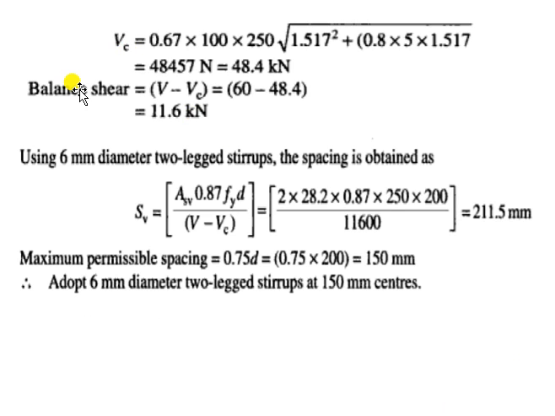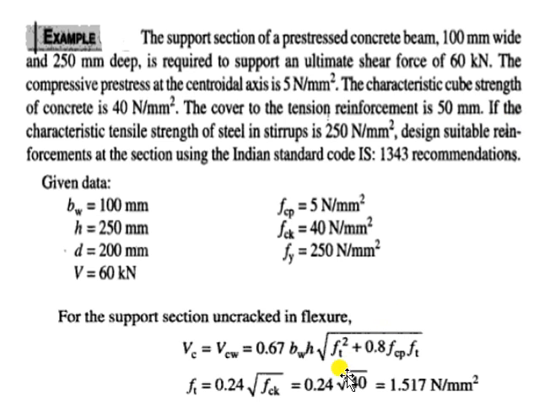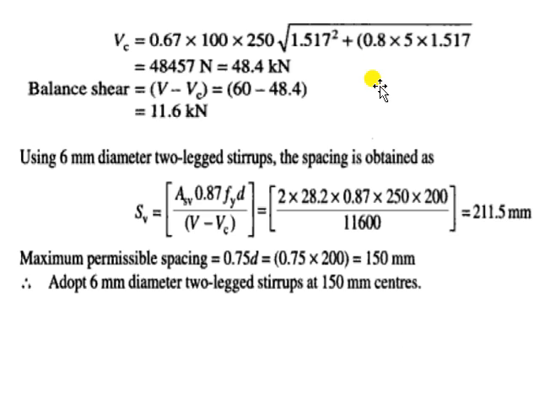Vc is equal to 0.67 into 100 into 250 into square root of 1.517 square plus 0.8 into 5 into 1.517, substituting the values given in the question in this formula. B is given, H is given, Ft we have calculated, and Fcp is given, that is 5 Newton per mm square. So Vc is equal to 48.4 kilonewton.